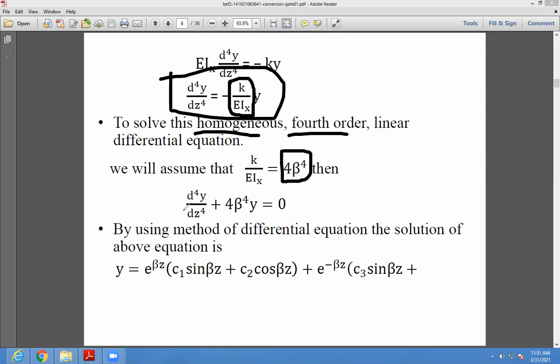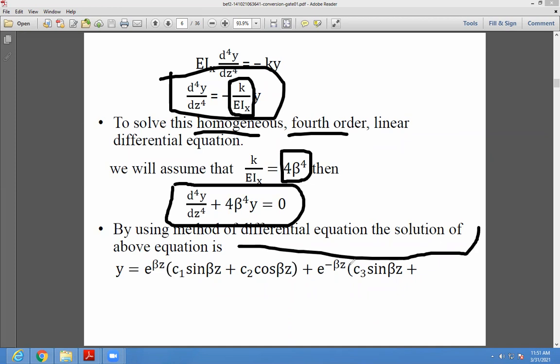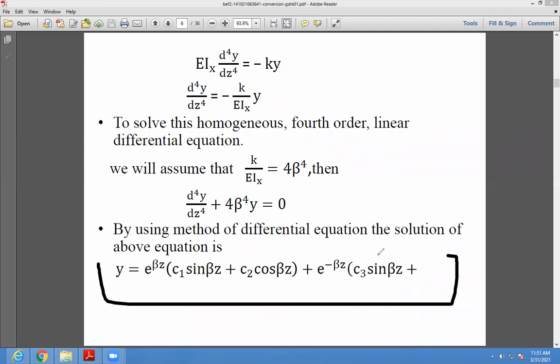Then we get the equation d4y by dx4 plus 4 beta raised to 4 y is equal to 0. So by using the method of differential equation solution, we get this equation, right?